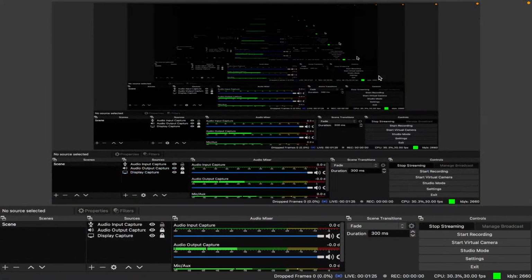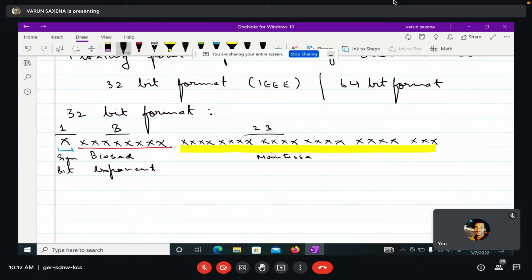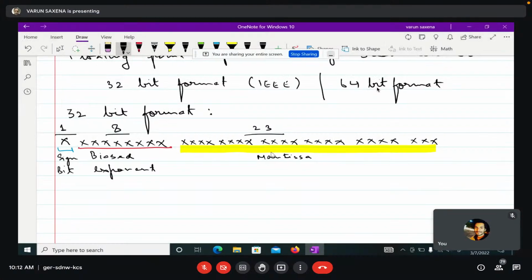So that's why I'm not writing the 64-bit format. Of course, you can obviously do it. Okay, so this is the standard format in which the numbers are stored.